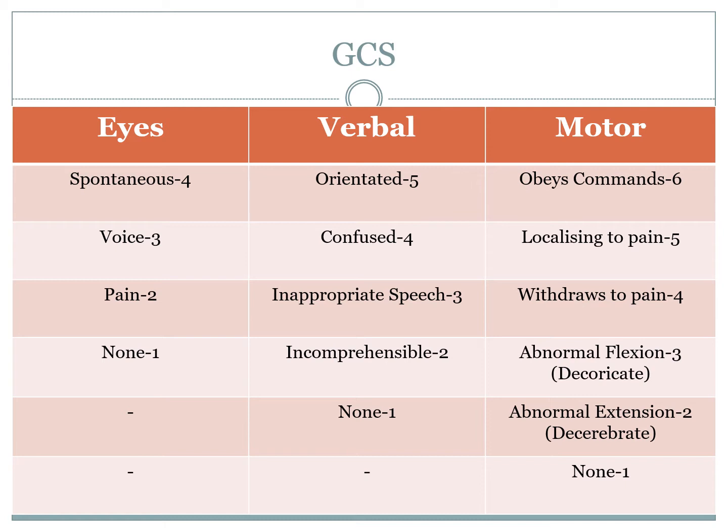When we're dealing with the verbal side of the house, orientated generally means to time and space, and that's where it gets a little bit confusing, especially for our demographic. If you're in a field environment and you ask a simple question like, what day is it? I don't know about anyone else, but when I'm out field, it's Monday plus however many days you've been out there.